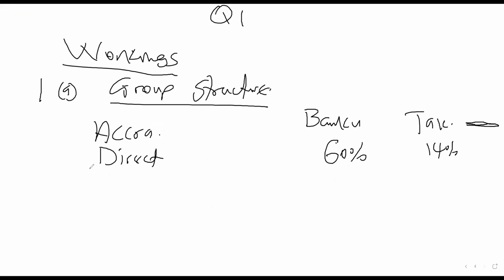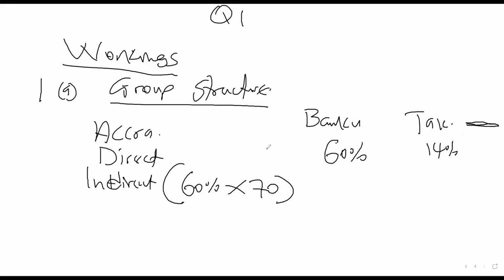Then you come and tell us indirect holding. Bokun has 70 in TAD. So that 70, Accra can take only 60% out of the 70.